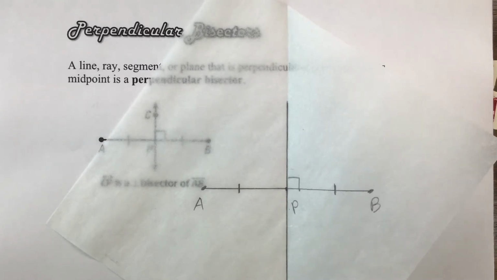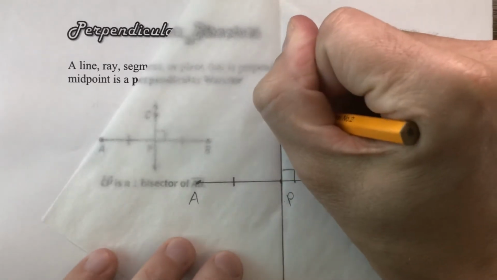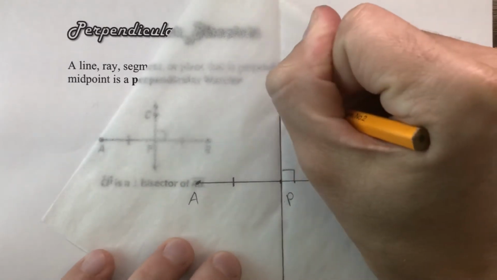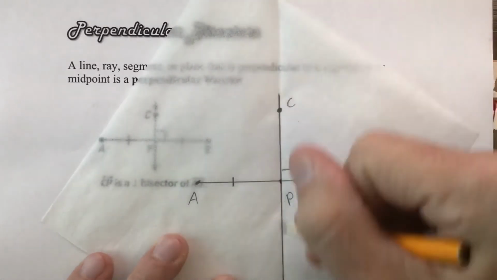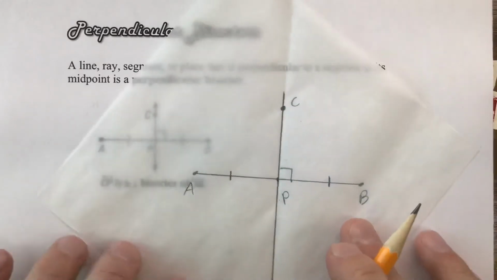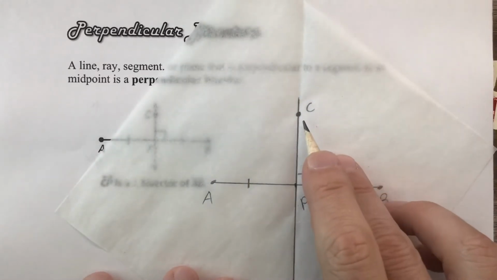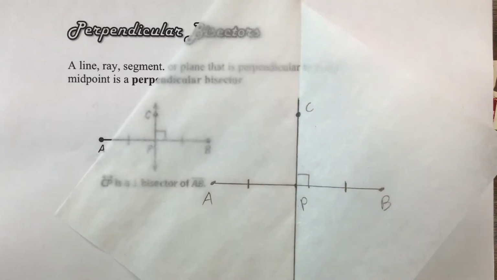So here's the property. If I identify any point on the perpendicular bisector, there's something true about that point. What do you think that is? What do you think is true about point C?